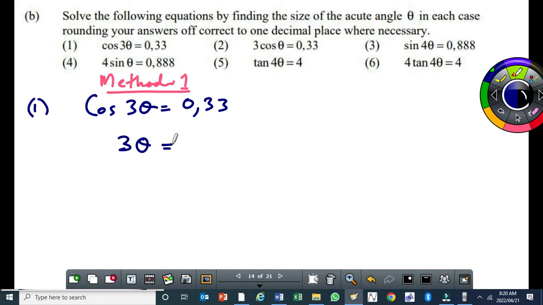Then on the right hand side, you end up having shift cos of 0,33. The objective is to calculate theta, but the theta is being multiplied by 3. So the whole angle is equal to 3 theta.